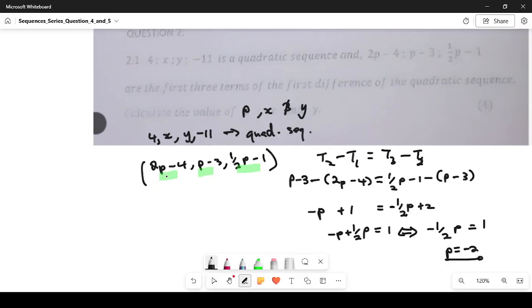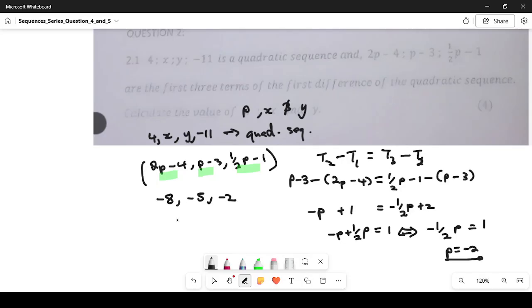We can say 2 into minus 2, that's going to be minus 4, minus 4. That means we've got negative 8, and then minus 2 minus 3, that's a negative 5, and then negative 2 times half, that's a negative 1, minus 1, that's a negative 2.